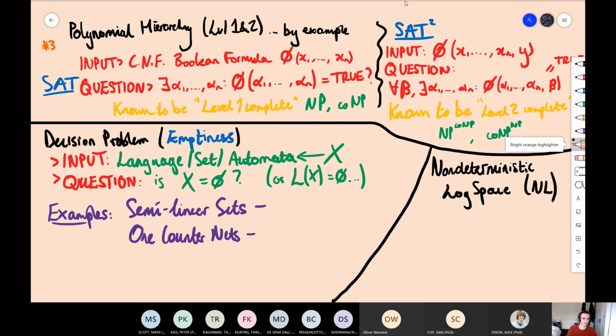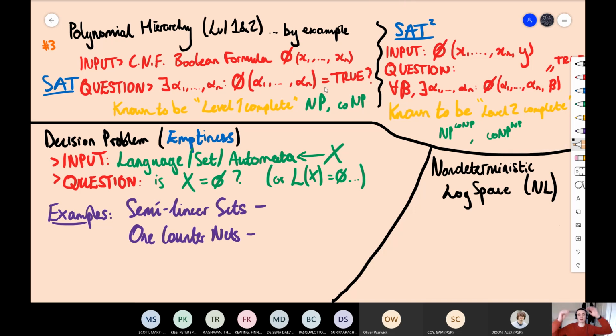This guy is the cornerstone of an NP complete problem. I'll call it level 1 complete for this example, because for NP and co-NP you could swap this out. Instead of conjunctive normal form, you could have disjunctive normal form and ask, rather than does there exist, is there for all, but you get the point. This is an NP complete problem.